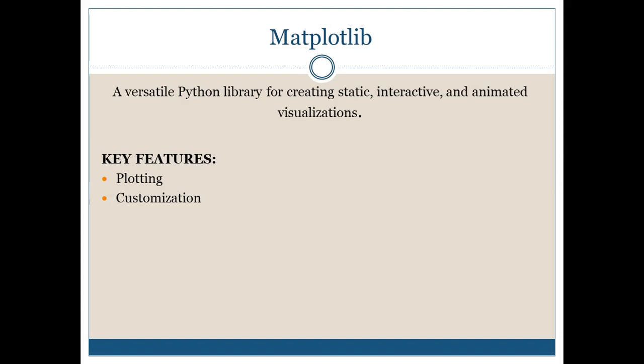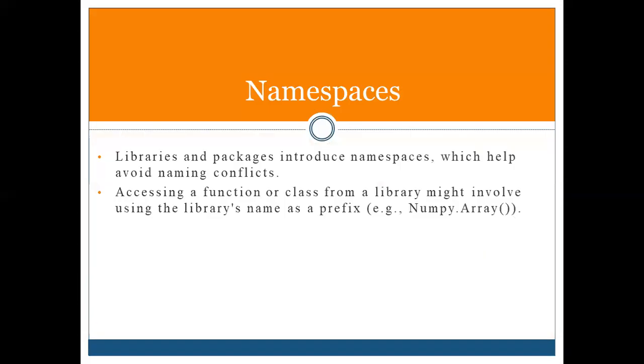Now we'll discuss a little bit about namespaces. Libraries and packages introduce namespaces, which help avoid name conflicts. In Python, namespaces refer to containers that hold a set of names mapping to objects such as variables, functions, classes, etc. Libraries and packages in Python use namespaces to organize and manage the names within them.